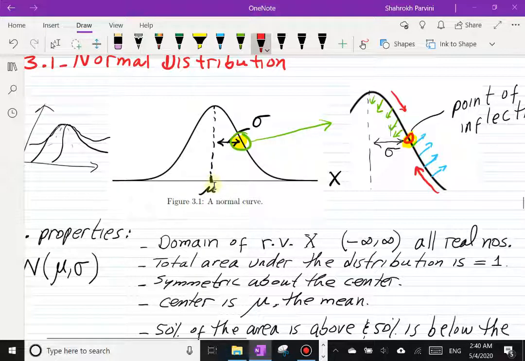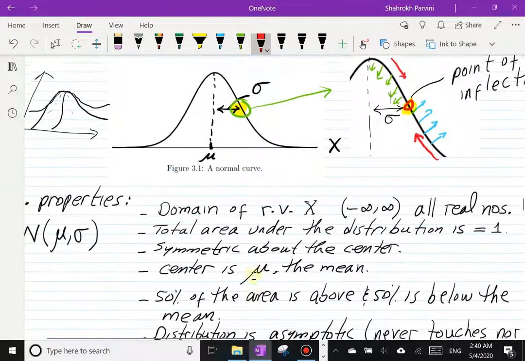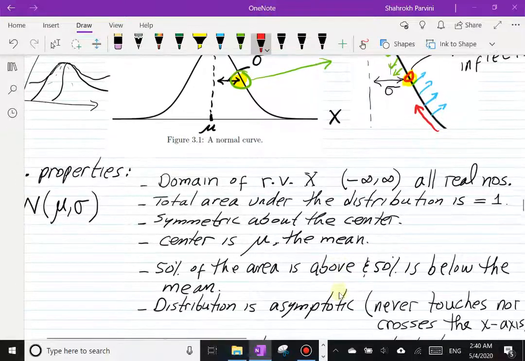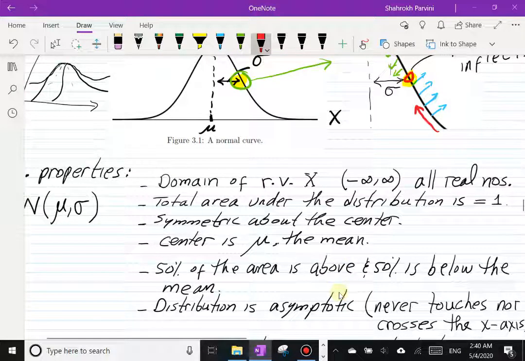So for the normal distribution, mean, median, and mode are all the same. Mode is the most frequent score, and that's mu in this case. 50% of the area is above, 50% is below the mean. That makes the mean actually the median. That's the characteristic of the median.